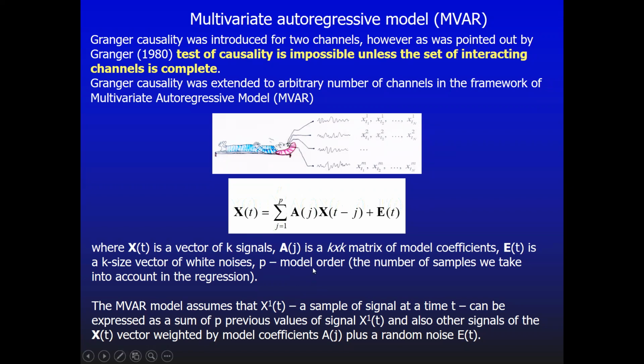So what it says is that the sample x(t) of the signal X can be expressed as the preceding samples of the X signal multiplied by some coefficients, and also by the samples of other signals of the set, also multiplied by some coefficients, plus white noise.